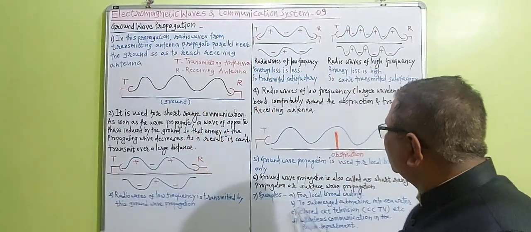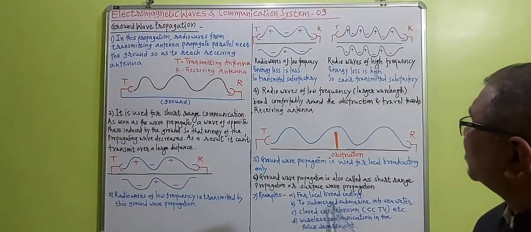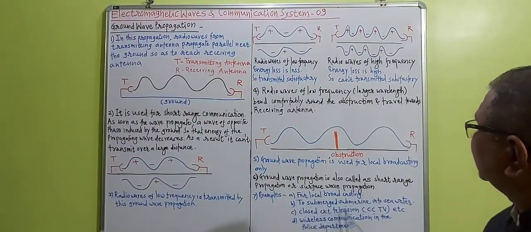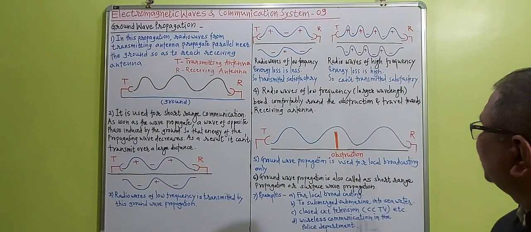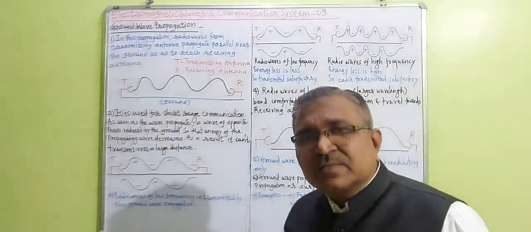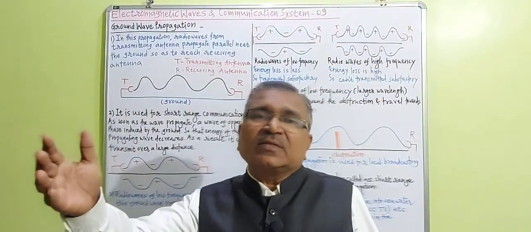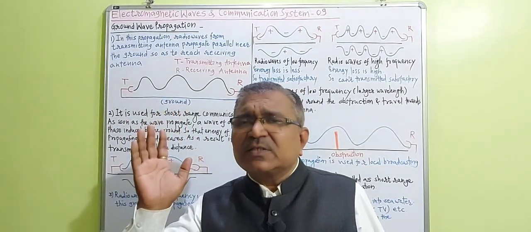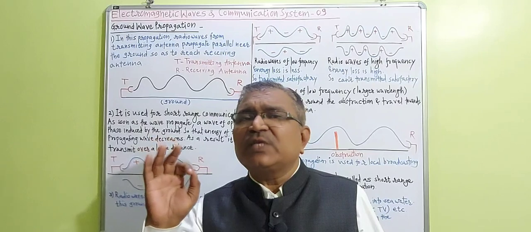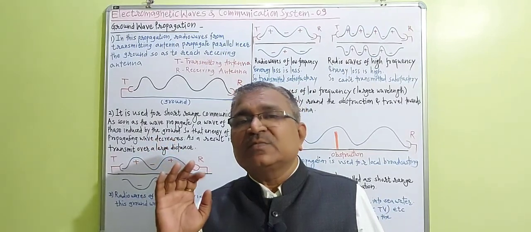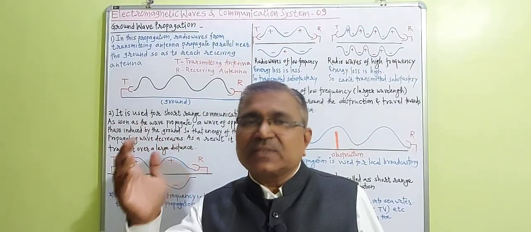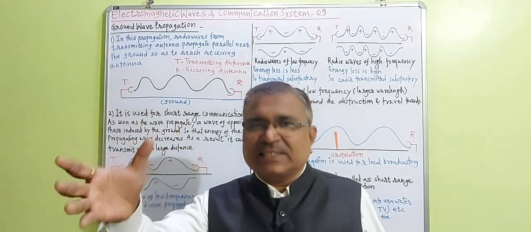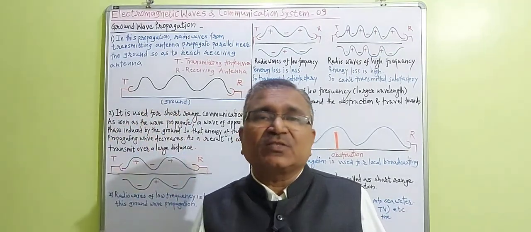So this is one of the most important examples of ground wave propagation. Closed circuit television, and wireless communication in the police department: within a shorter distance, by making use of ground wave propagation, convenient communication is possible between police to police over a short range. This ground wave propagation is useful.